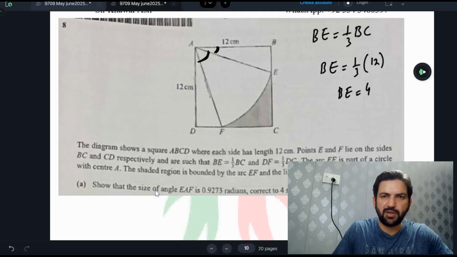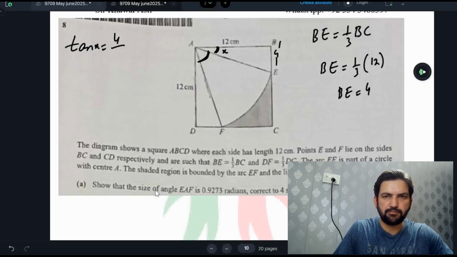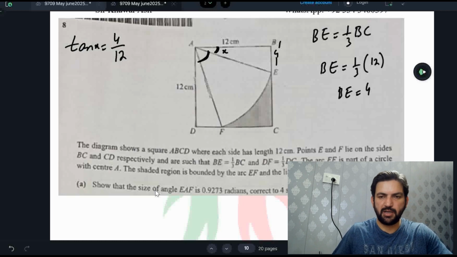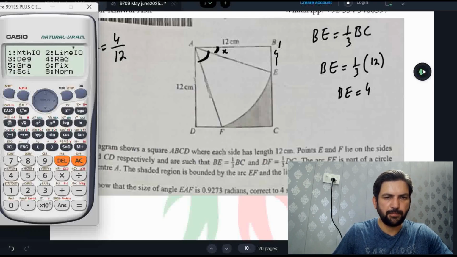So from here we can find the angle x. If this length is 4, tan of x equals 4 by 12. But keep one thing in mind, your calculator should be in radian mode, shift mode 4.